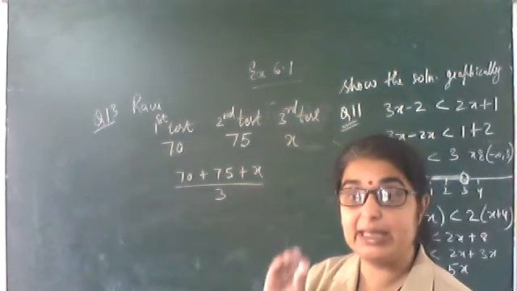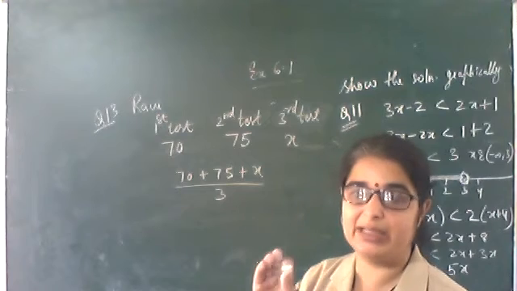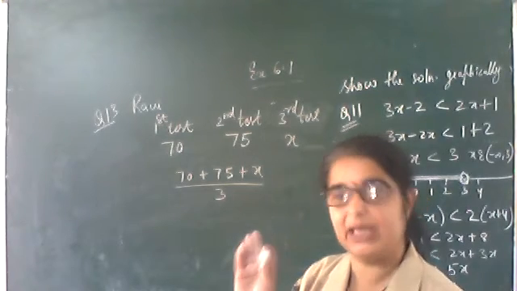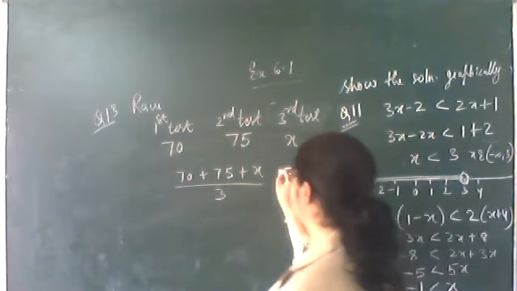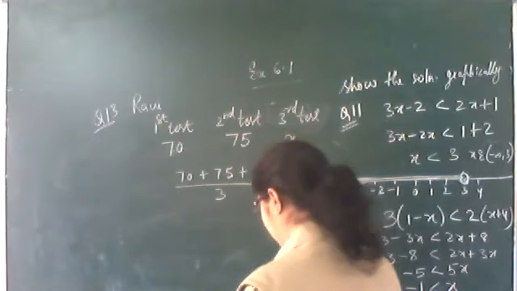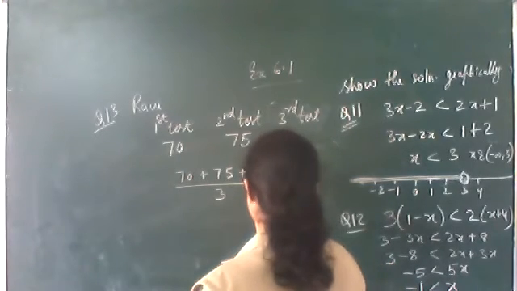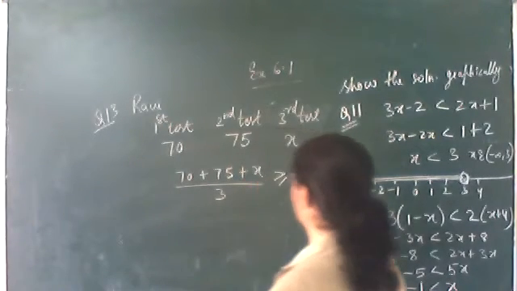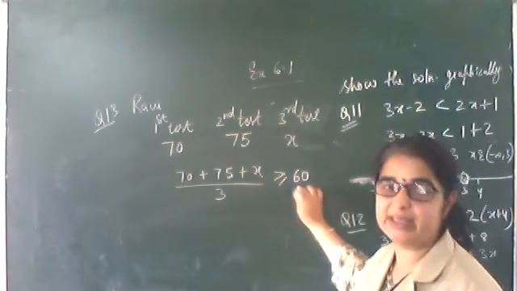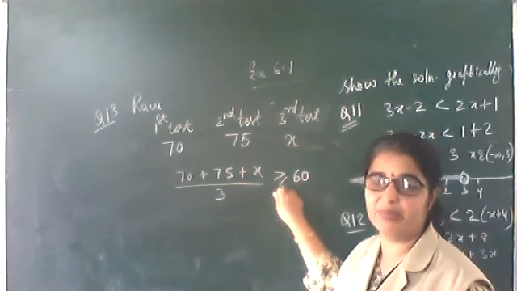मतलब क्या हुआ? 60 at least, कम से कम. At least का मतलब होता है कम से कम 60 है, 60 से ज्यादा भी आ सकते हैं. तो हम क्या बोल सकते हैं? It should be greater than or equal to 60. तो यही सिंबल आएगा.